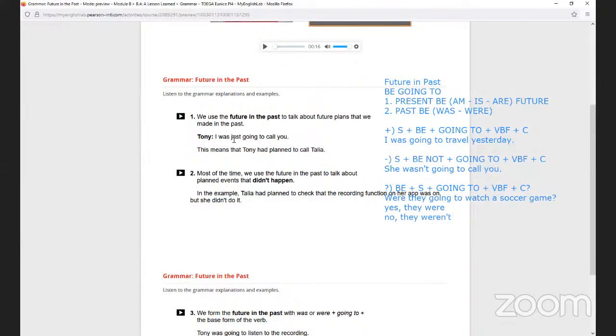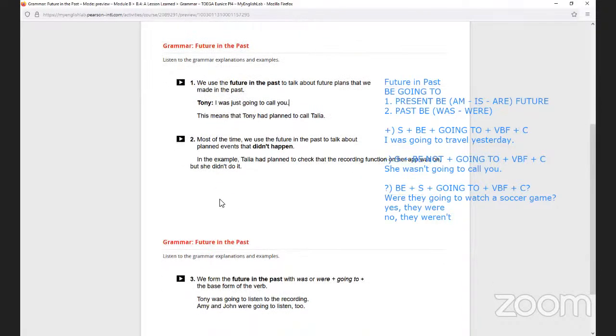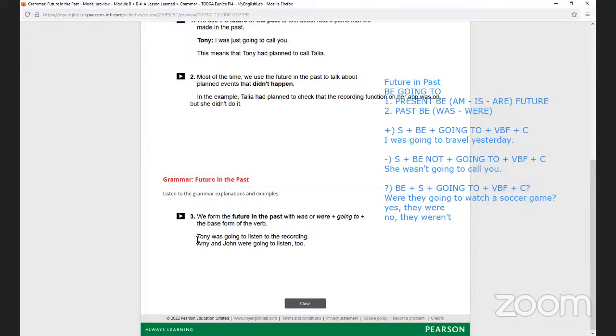Yo iba solamente a llamarte. Okay, so another. Here, Johnny was going to listen to the recording. We always have to be careful with this be because we have to use the conjugated form. Was with third person singular, were with plurals. John and Amy, okay?